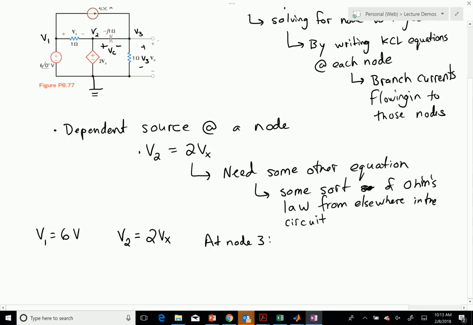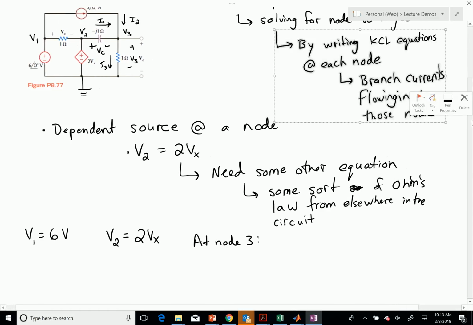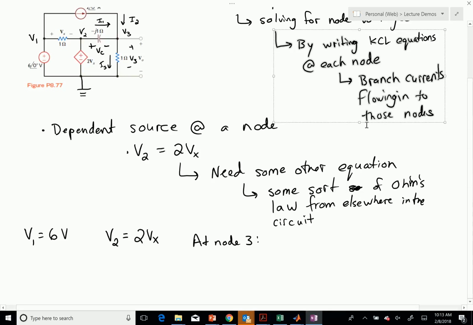And I'm going to define a current here, I1, I2 and I3 like that. At node 3, because I write KCL equations at each node in terms of the branch currents flowing into those nodes, I define the branch currents. So at node 3 I have I1 plus I2 equals I3.